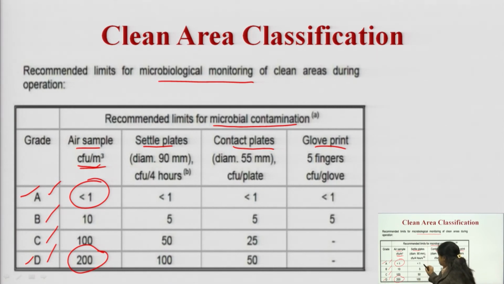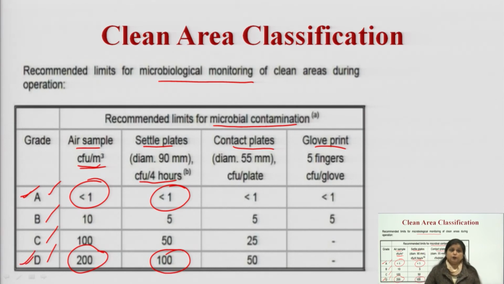If we have placed the plate for 4 hours and after that incubated it, and found fewer than 1 microorganism on the Petri plate, then that area is classified as grade A, and if the number is more than 100, then that area will be classified as grade D.